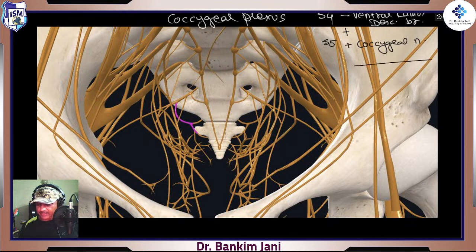This coccygeal plexus gives what's called the anococcygeal nerve, right? And that is giving supply to skin in the region of coccyx.